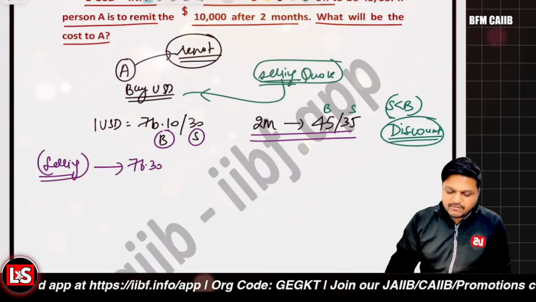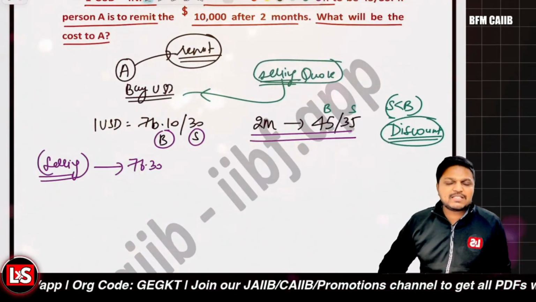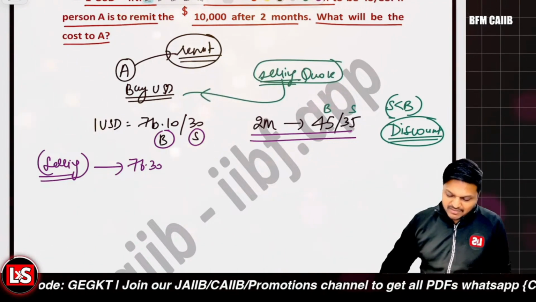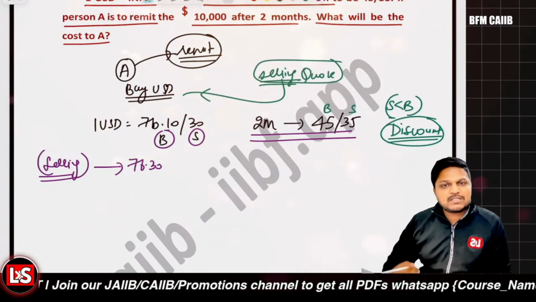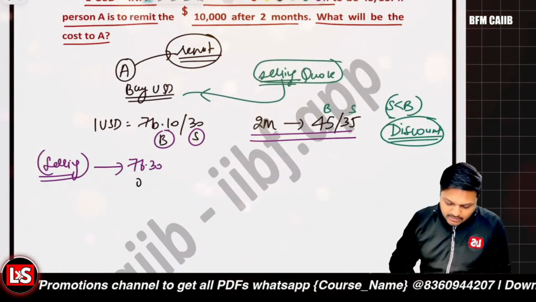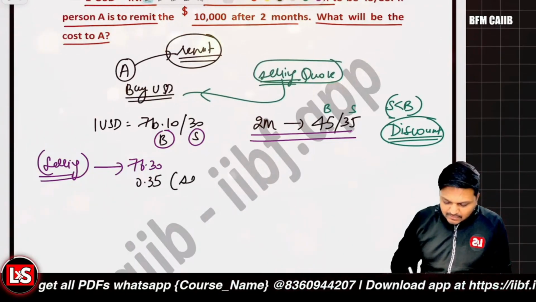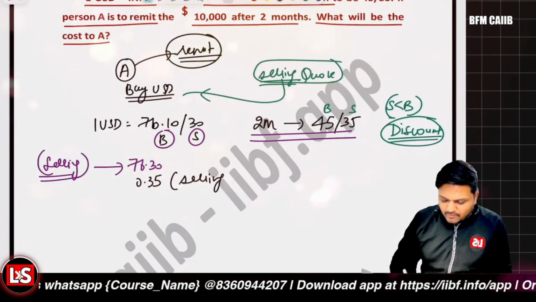And when we say the currency is available at a discount, the forward points are to be subtracted. Which forward points? The selling forward points. So 0.35, these are the selling forward points.